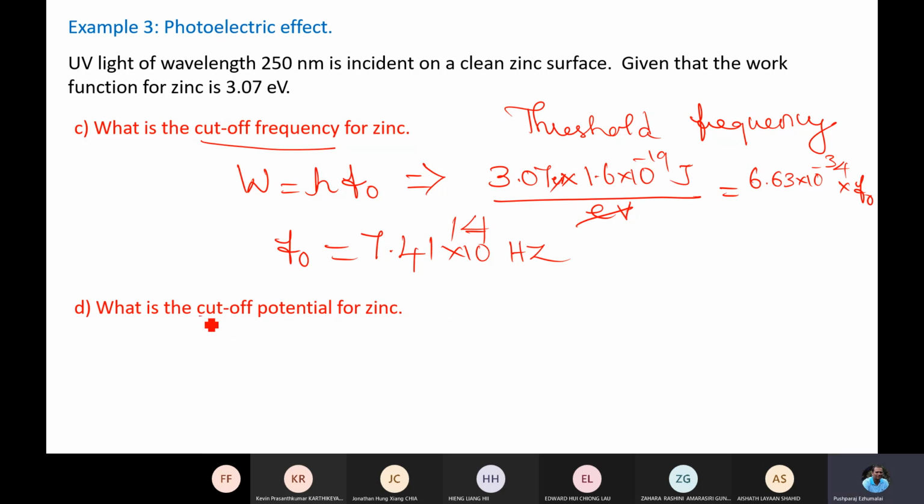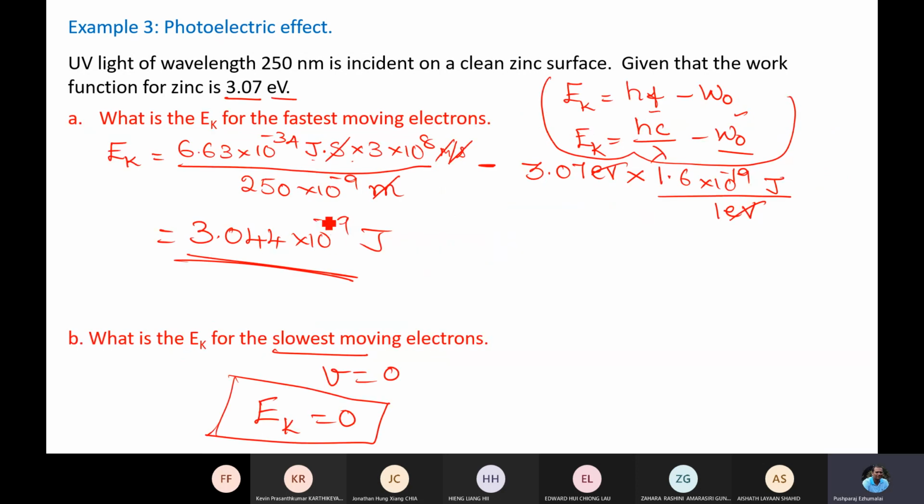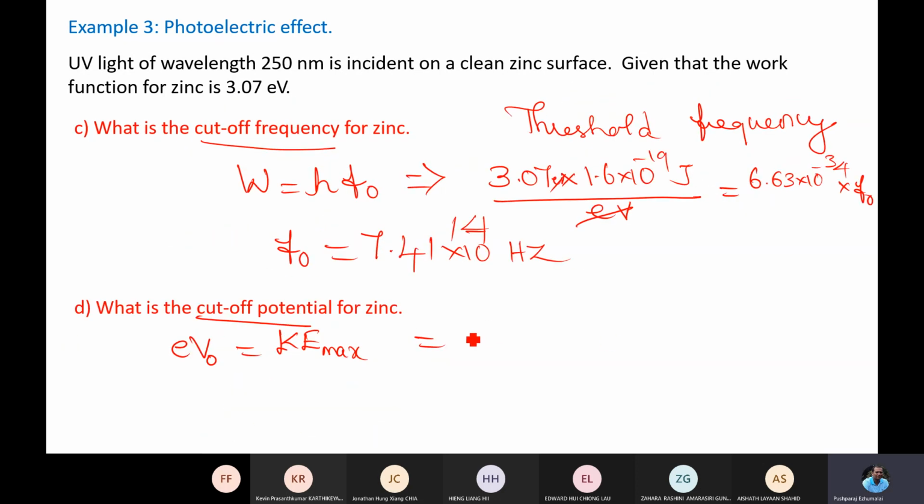Now what is the cutoff potential? Cutoff potential: e V naught is equal to the maximum kinetic energy. So what is the maximum kinetic energy? From the first problem it is 3.044 into 10 power minus 19 joules. But this should be in electron volt. So convert into electron volt. Multiply by 1 electron volt divided by 1.6 into 10 power minus 19.